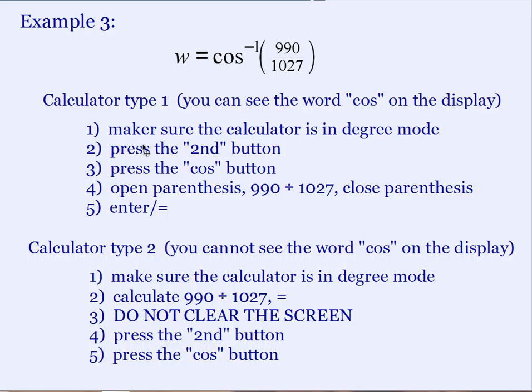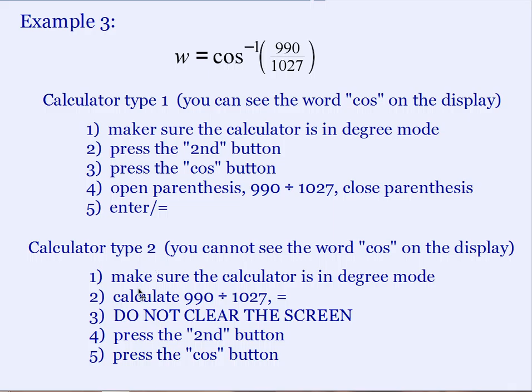On calculator type 1, you're going to do second cosine, and on your calculator display, it's going to say cosine to the negative first power. It should give you an opening parentheses. If it doesn't, type one in, then put 990 divided by 1027, close parentheses, and then hit enter.